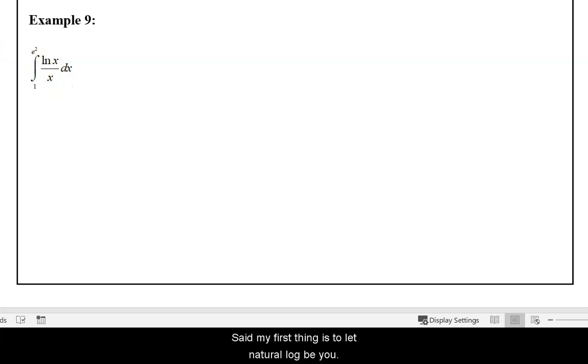So my first thing is to let natural log be u. In this case, I'm going to write u equals natural log of x. Even though it's in the numerator, the fact that it's natural log and that the argument is too simple to be u lets me think that probably u is the natural log itself.